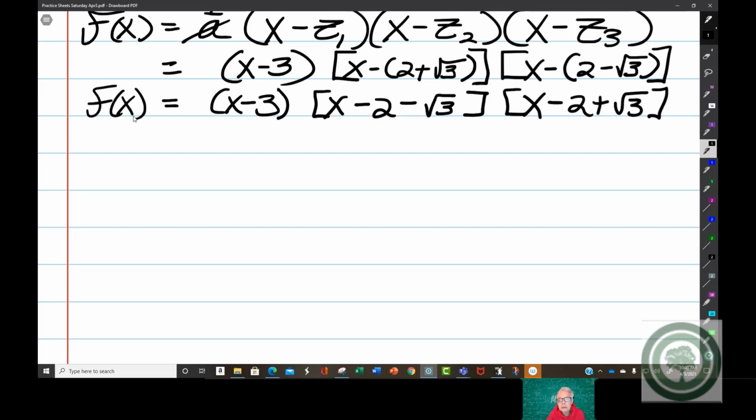Now, I am going to perform a superb trick. I'm going to put parentheses around the x minus 2 and parentheses around the square root of 3, just because I want them to kind of stick out like that.